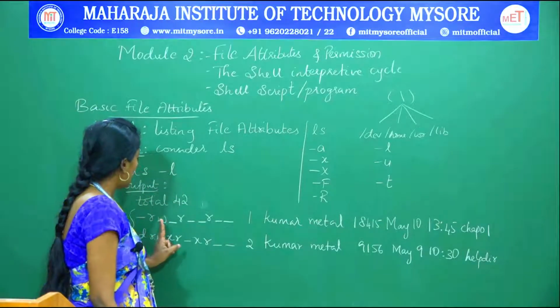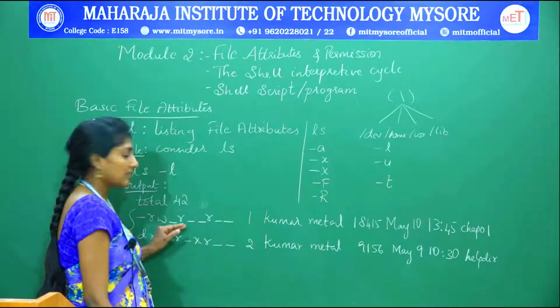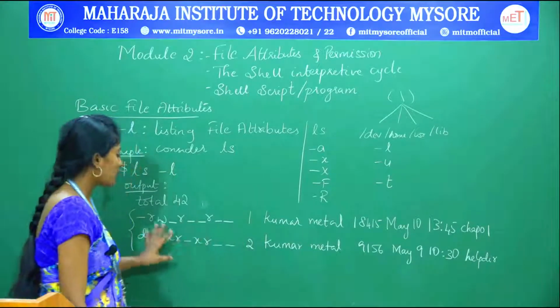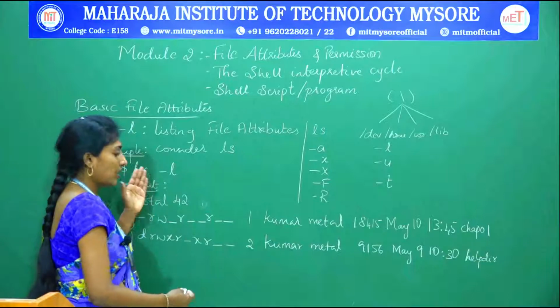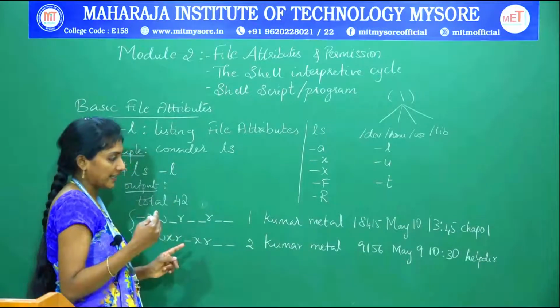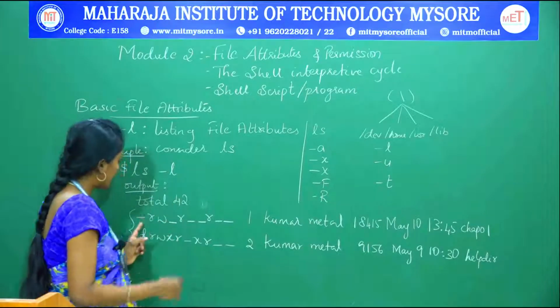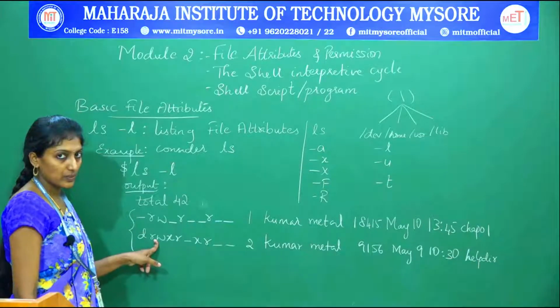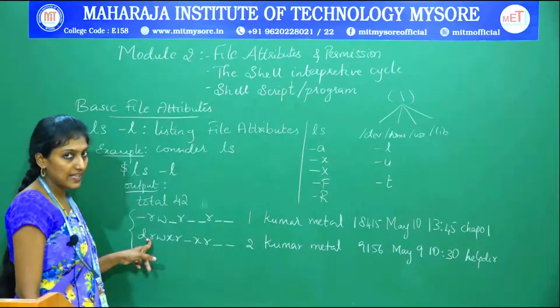Below that it will display this complete line. As of now, I have assumed that only 2 files are there within the current directory: one an ordinary file, and the other a directory file.